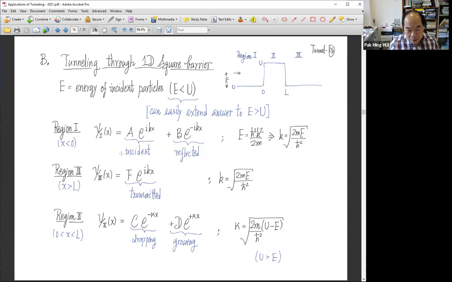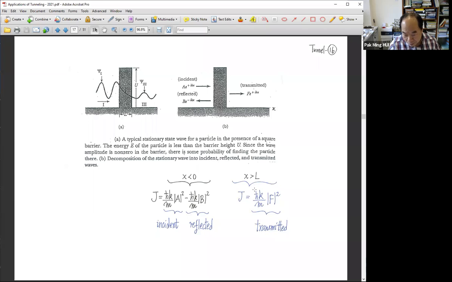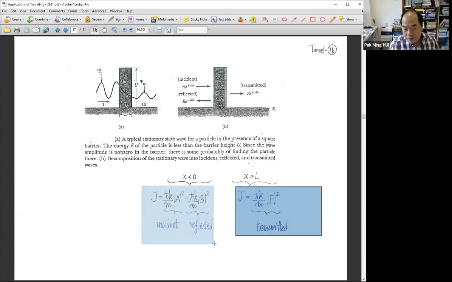How about the transmitted part? This term, nice, we already did that, okay? So we know the transmitted current density in region 3 and in region 1, all right?